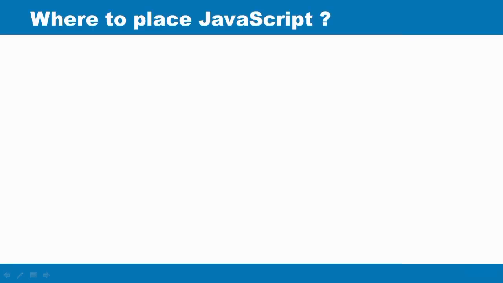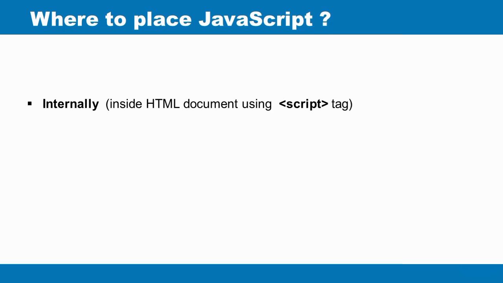In this video, I'll be showing you where to place JavaScript. There are two main places you can place JavaScript. Internally, that means inside the HTML document. So when you are adding JavaScript internally, you have to use a script tag or script element to add JavaScript to an HTML document internally.